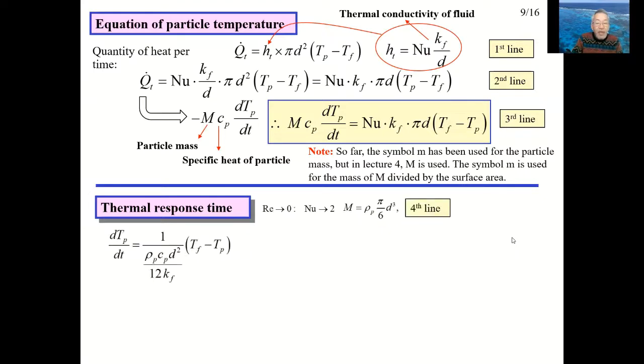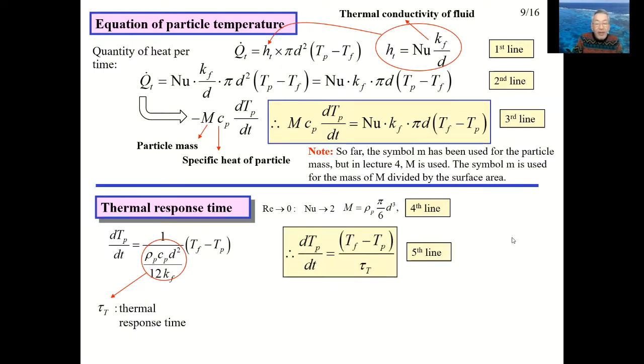To find the thermal response time when the Reynolds number is small, first set Nusselt number equal to 2 and substitute the particle mass large M given on the first line into the equation of particle temperature. Then the thermal response time is obtained in the red line frame on the fifth line. The equation of the particle temperature takes a simple form.